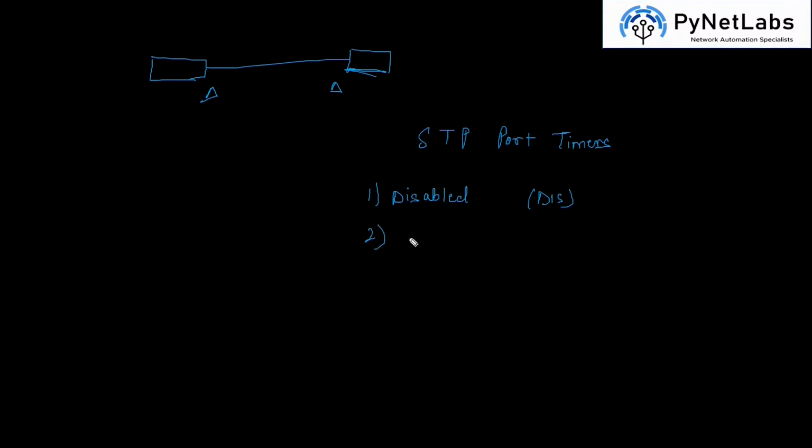Then we have the second one as listening. So basically when the port is down, you can observe a red color there. And once the ports are up, you can observe an amber color there. So when you see amber color, you can assume that the port has the status of listening.